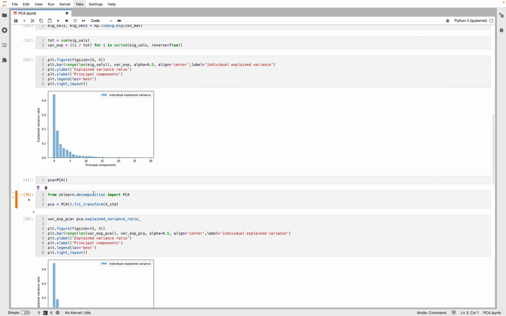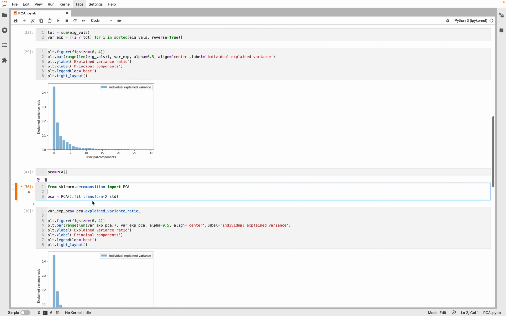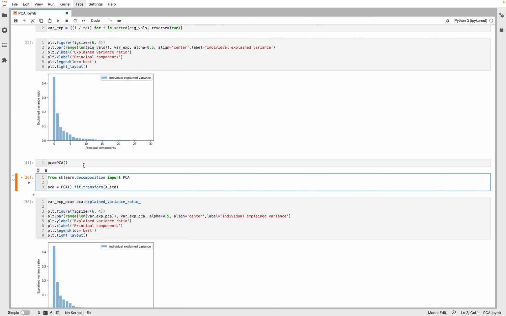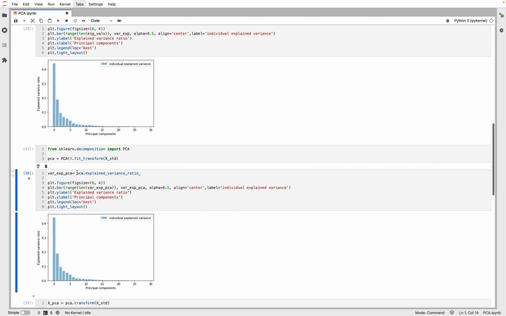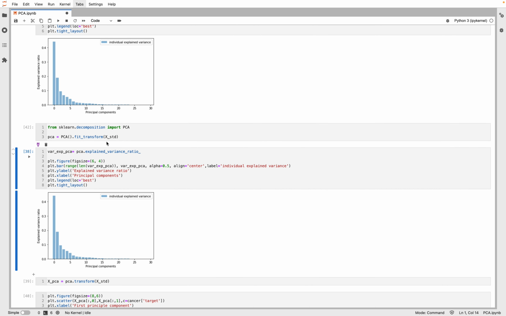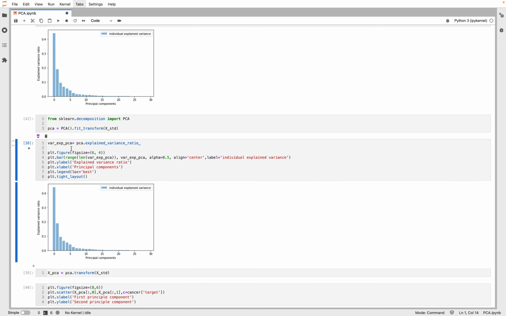So from the Scikit-Learn library, we import the PCA and do a fit transform on the scaled data, and then we extract the eigenvalues.